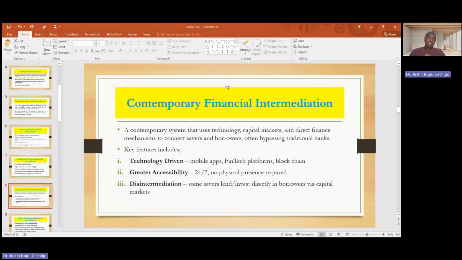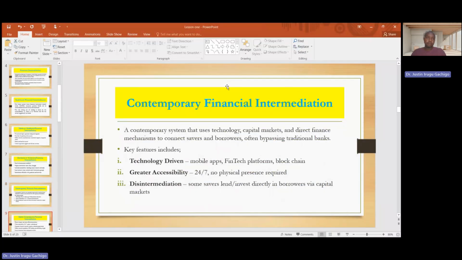The other one is disintermediation. Some savers and lenders invest directly in borrowers via the capital market. You can buy shares directly in the capital market, and when you do, you have provided capital to the borrowers, but indirectly.